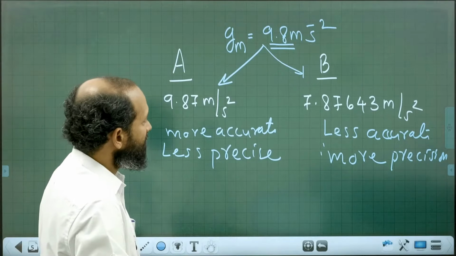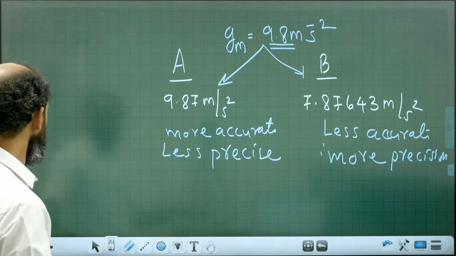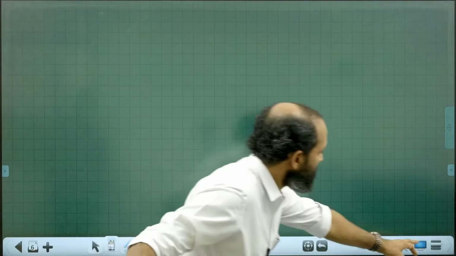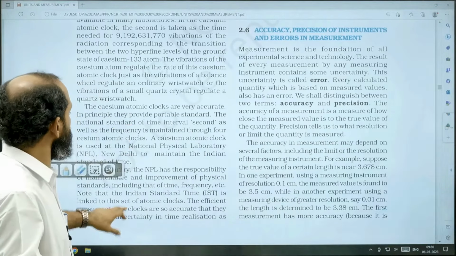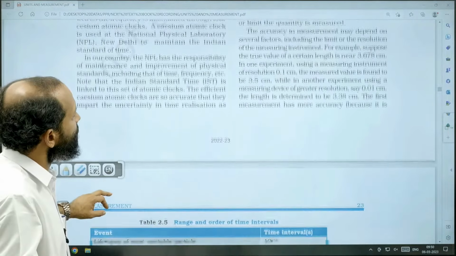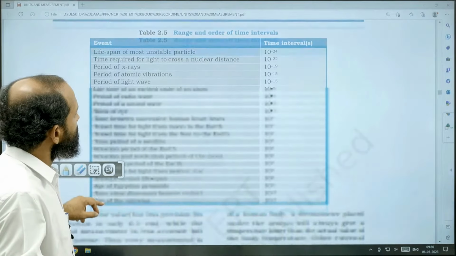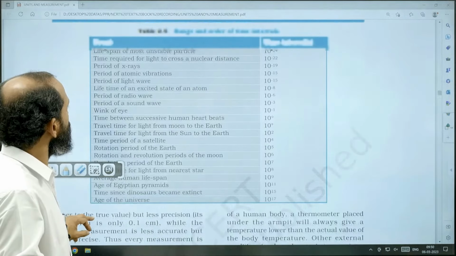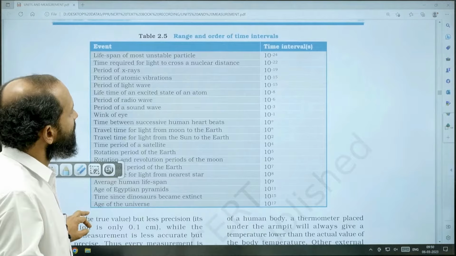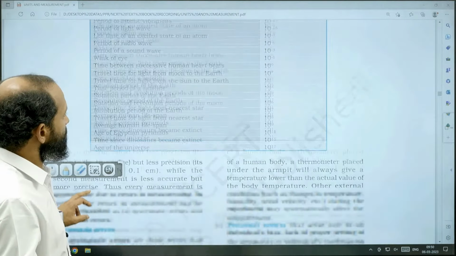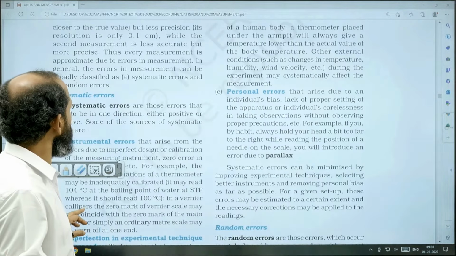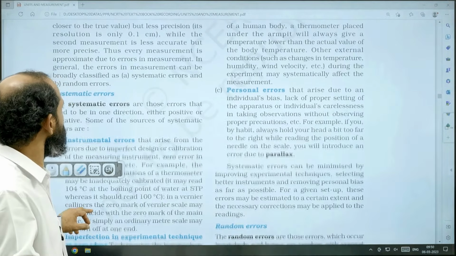One is precise, the other is accurate, right? Let us go to the next topic. Hope that you are clear with precision and accuracy. Once again, better you go through all the tables regarding ranges of order of time intervals. All the tables mentioned in the textbook are to be noted.